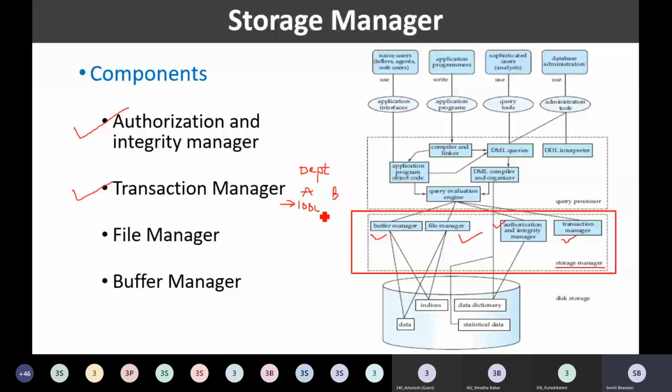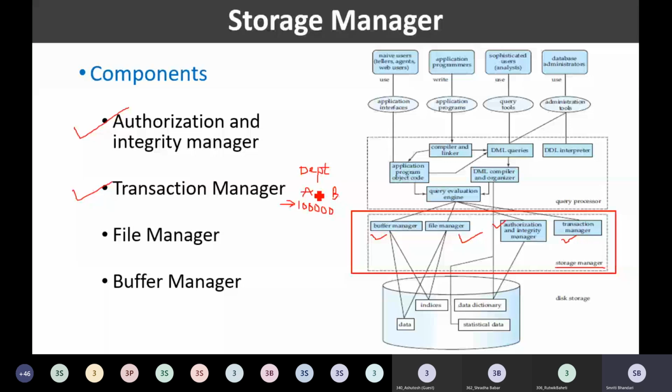So the budget of department A is 1 lakh rupees and the budget for department B is say 50,000. Now let us assume that some amount from A is being transferred to B. Let us assume that 20,000 is being transferred from A's account to B's account.